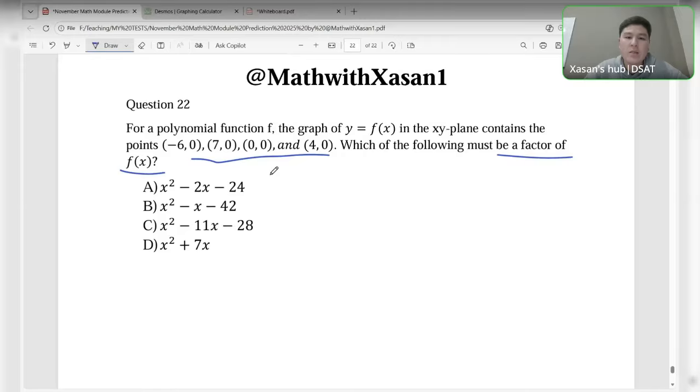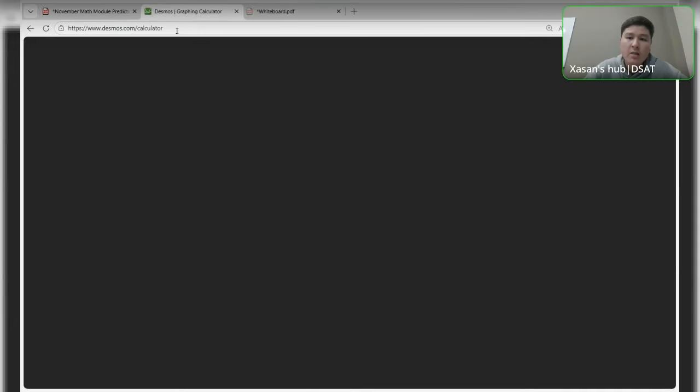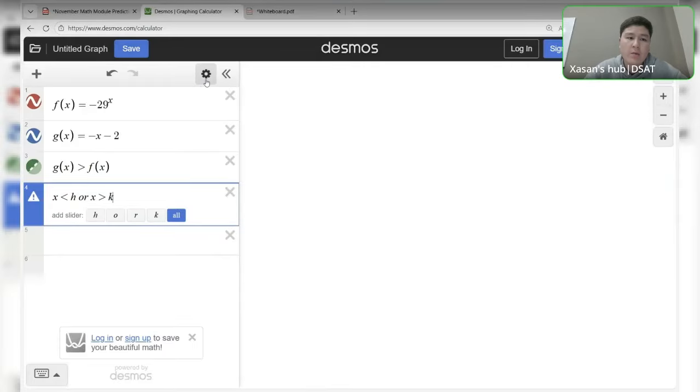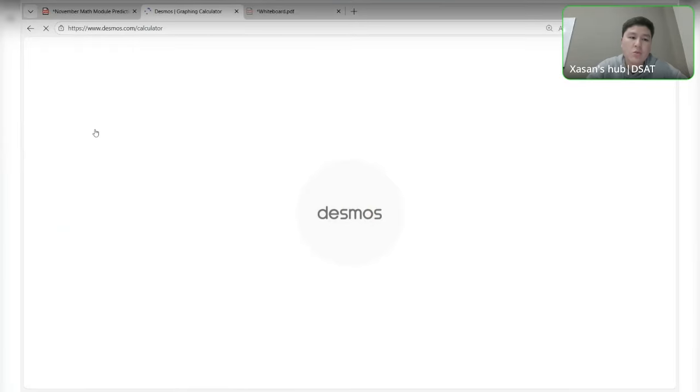Guys, look. If it is a factor, it has to give you the solutions -6, 7, 0, 4, right? And now let's check it, guys, with these equations, factoring them and seeing the solutions. I'm going to write all of them one by one to get the same solutions.